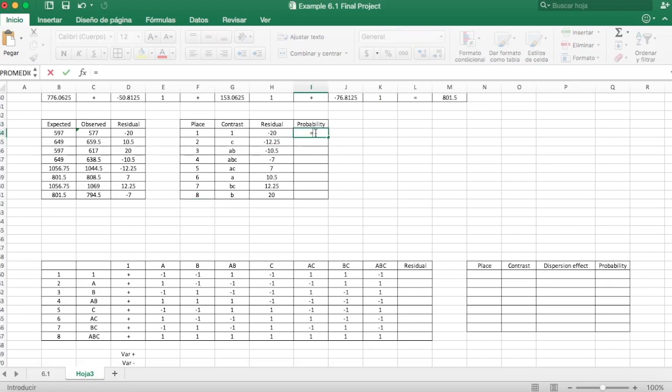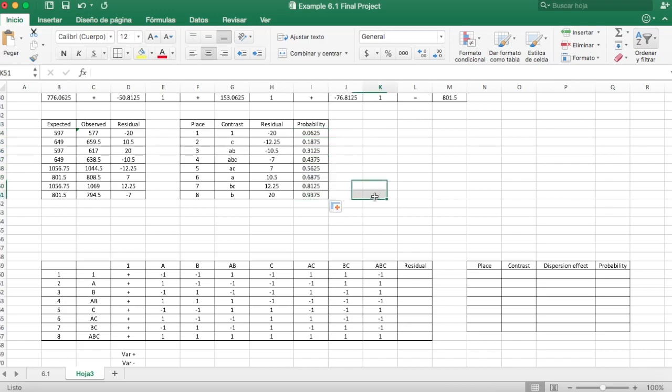And then we are going to calculate the probability. That is the place of it, minus 0.5, over the number of data, that is 8. And we have this.